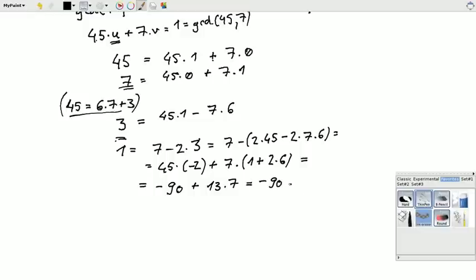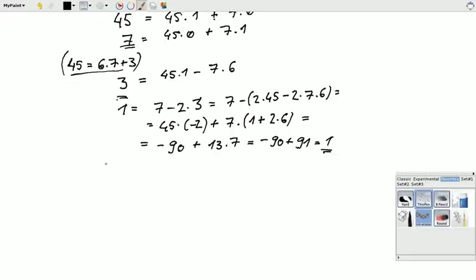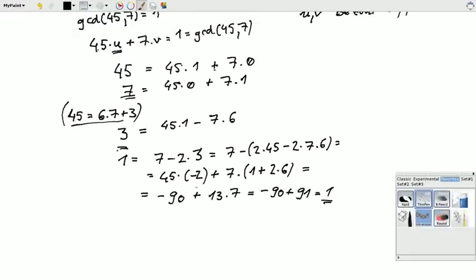So this is equal to minus 90 plus 91, which is 1. Okay, but this was exactly the point of learning the Euclidean algorithm, to get those numbers, to get this minus 2 and this 13.